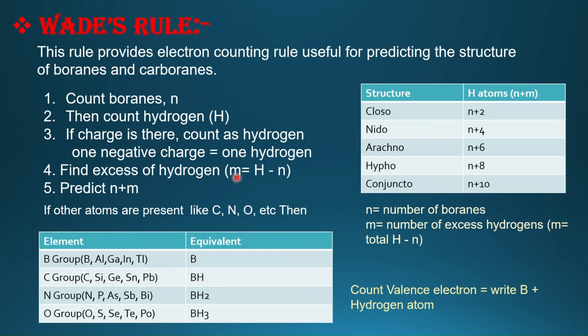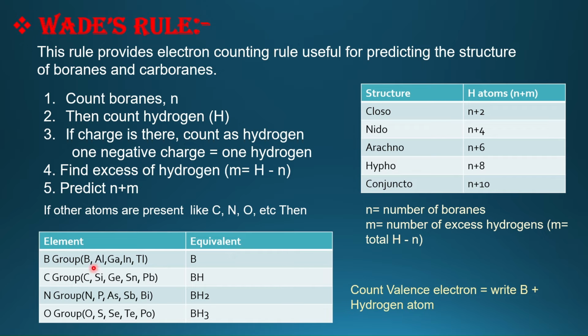The formula is m = H minus n, that is n plus m. And finally predict the structure from n plus m. If other atoms are present, like carbon, nitrogen, oxygen, etc., then the table is here.